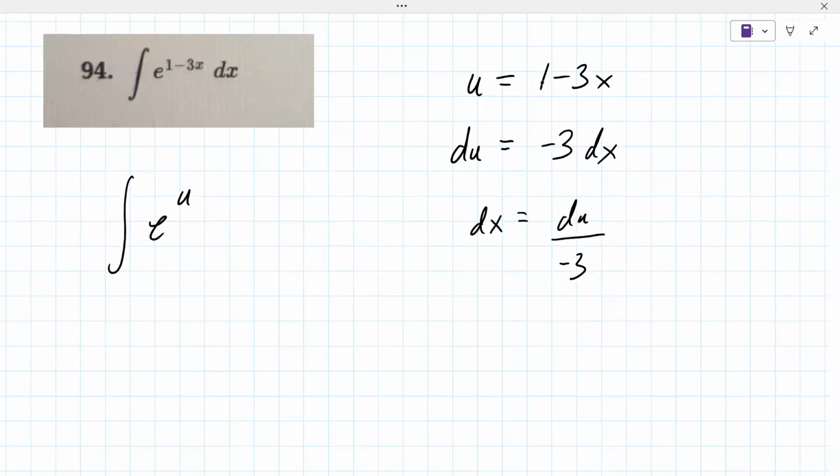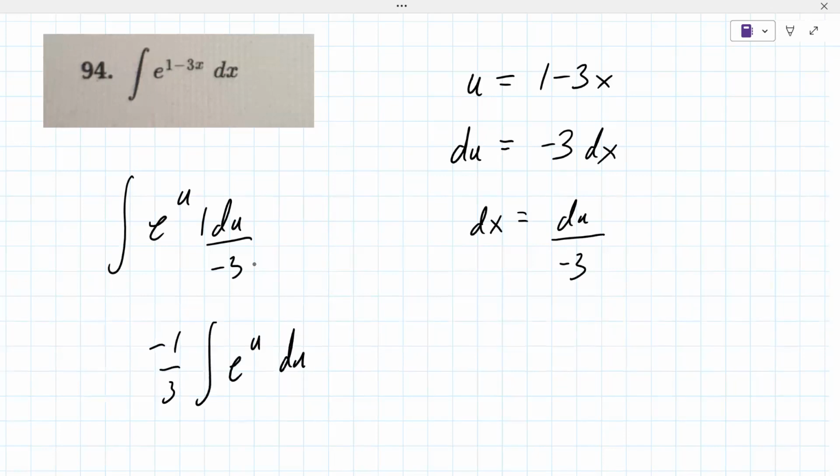So it's the integral of e to the u. Now this time, it's du over negative 3. There's nothing to cancel with it. That's okay. It just becomes like a fraction. I think it's good for new students in calculus to bring out that constant each time.